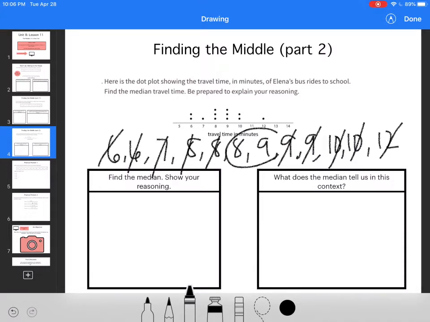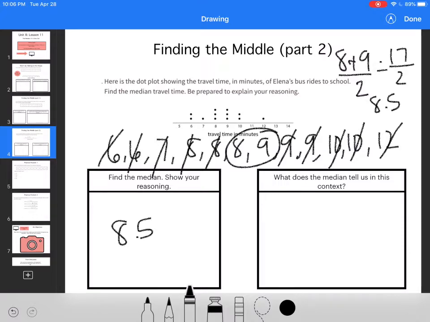So I have 2 numbers in the middle again, so 8 plus 9 divided by 2 because I've got 2 numbers. So that would give me 17 divided by 2, which would be 8.5. So 8.5 would be my answer.